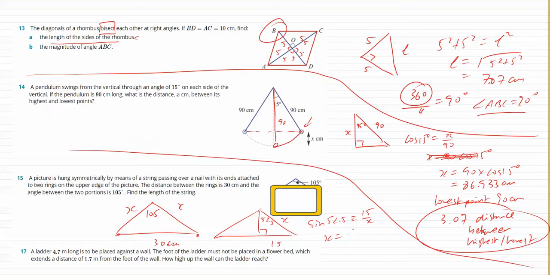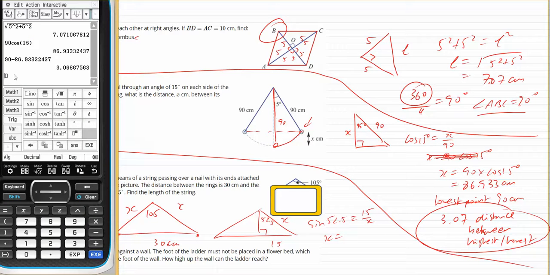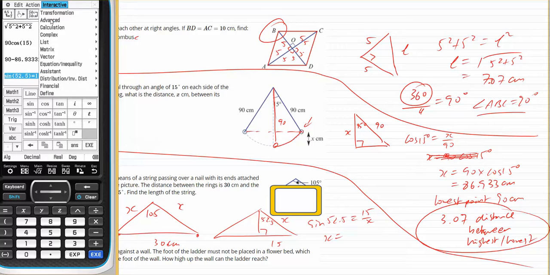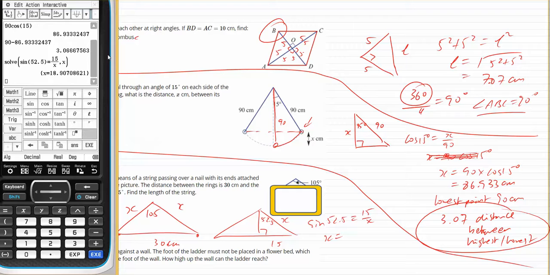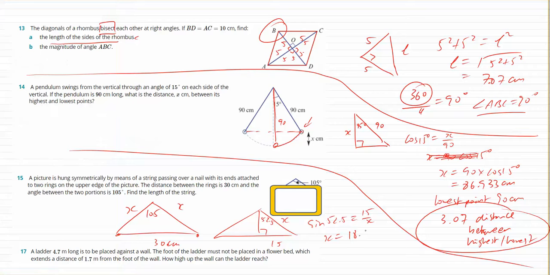I can use interactive and solve. Remember you can't use interactive and solve if you're solving for angles, but you can do it for sine. So 52.5 equals 15 divided by x. I go interactive and solve, and I get 18.907.